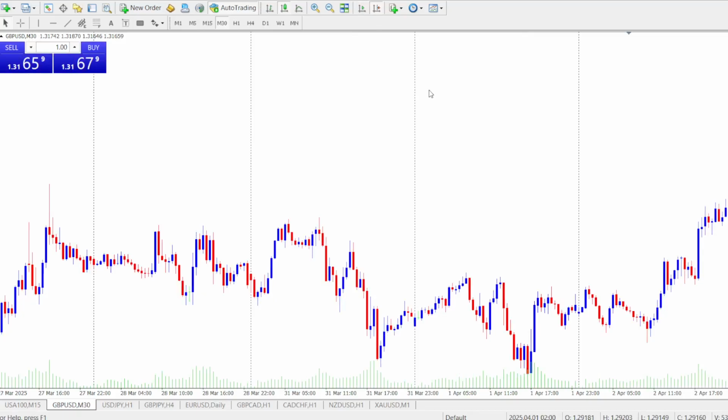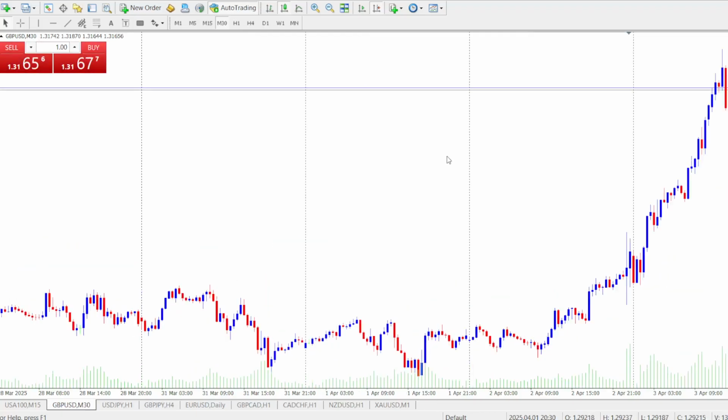Now, you might be wondering why you should use the 30-minute chart. The 30-minute time frame is one of the best for breakout trading because it provides the perfect balance between short-term and long-term trading.